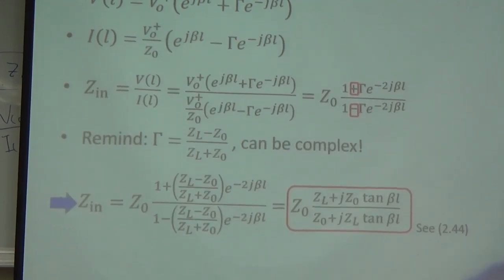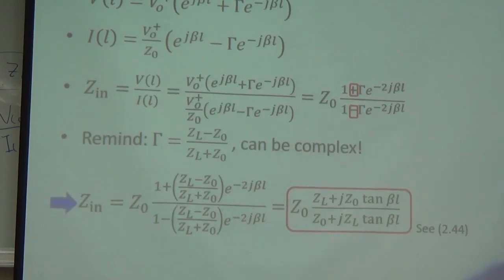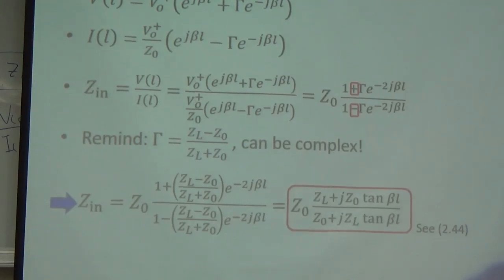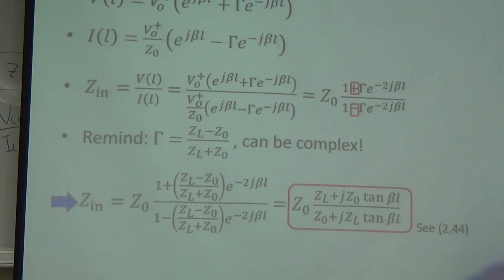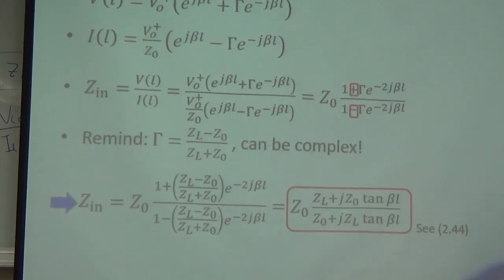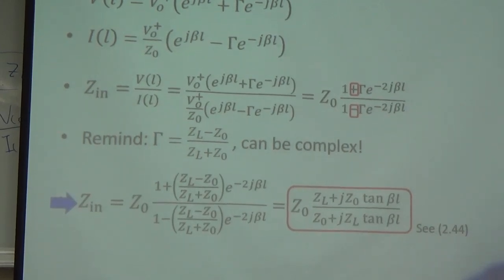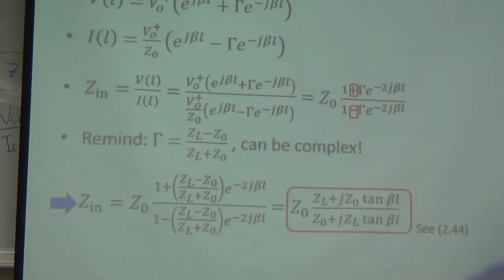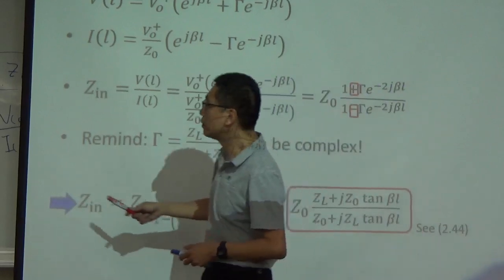So you know the reflection coefficient, you know the impedance at any position of your transmission line. Do you want to continue? Or maybe I should slow down, okay? I give you more things. Maybe you can do some preview. Next week, we are talking about what ZL is.